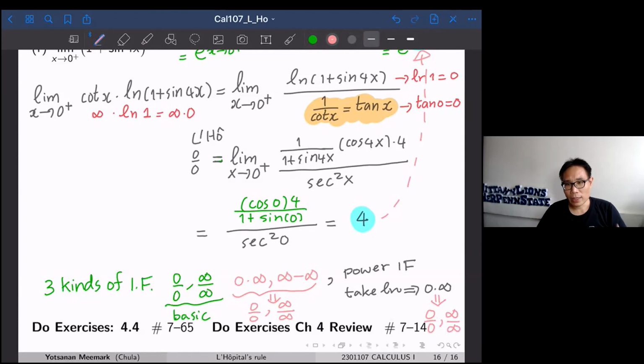So every indeterminate form, you'll be able to convert into the basic ones. The basic ones are 0 over 0 and infinity over infinity.